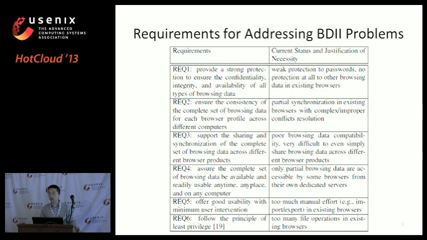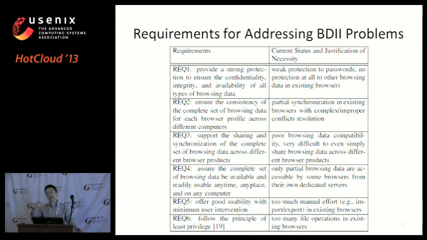For example, Google Chrome uses the timestamp and will always replace the data with the old timestamp. For Firefox, it will provide a few options, I think 3 options.